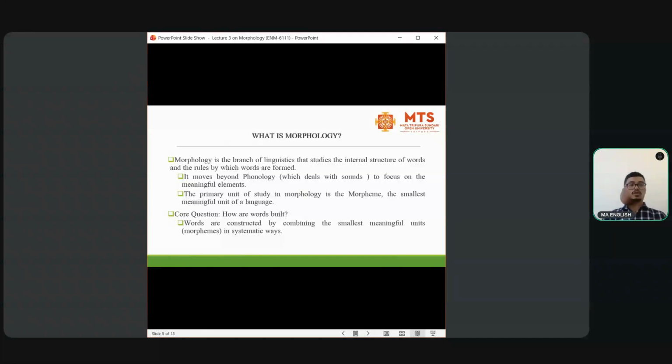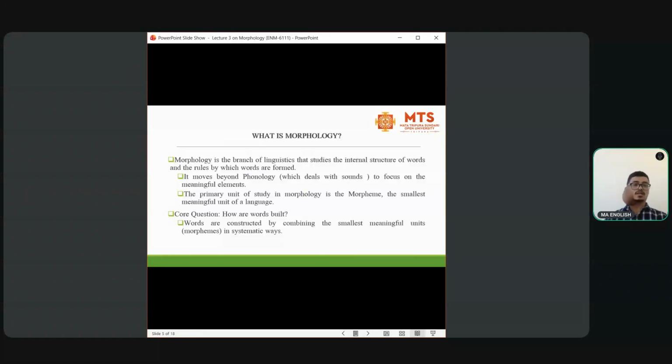So the question in morphology is how words are built. Every word you use is a combination of meaningful units. These are not random. They follow rules, and the smallest unit of meaning is called a morpheme. That is the heart, that is the core of morphology.